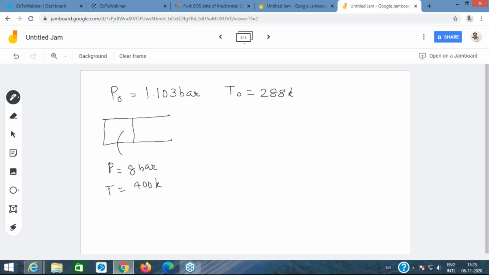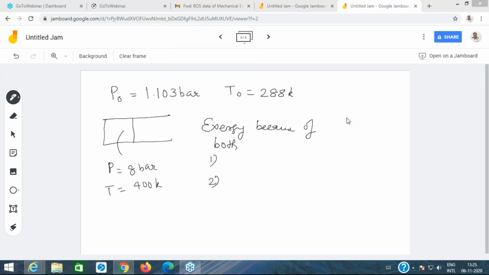So in this case now, you will have the exergy because of both the things. Which two things will you have exergy because of? Can anybody answer this conceptually?